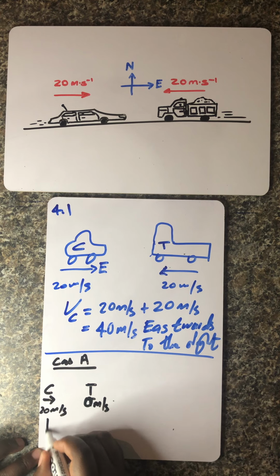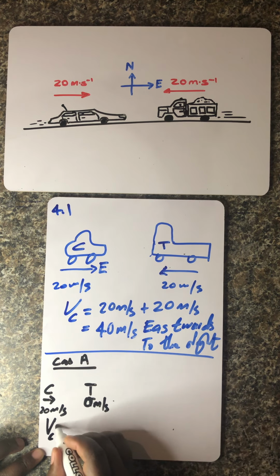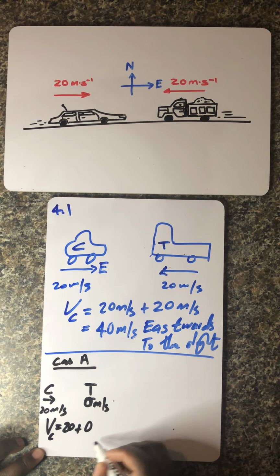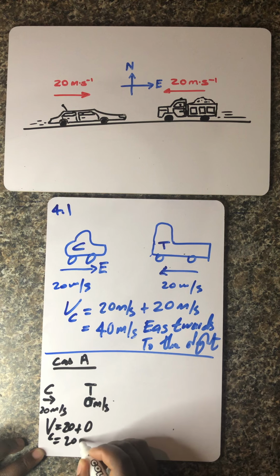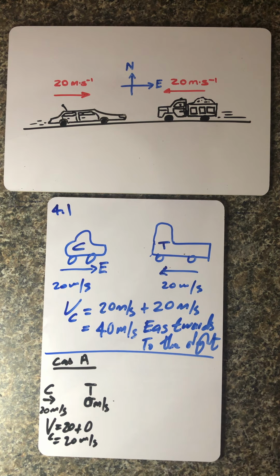So that means the velocity of the car relative to the truck will be 20 meters per second plus 0 meters per second, which is 20 meters per second. Okay, so when we do these calculations, ladies and gentlemen, we take into consideration the direction in which this is moving, and this is only to help us give the direction.